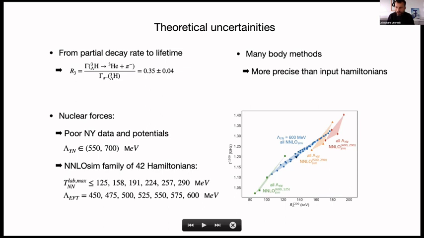Of course, this freedom can be fixed by more experimental data. It's just that this family of Hamiltonians provided has, in principle, this freedom. I would like to see this freedom reduced with other experiments. We didn't do this.